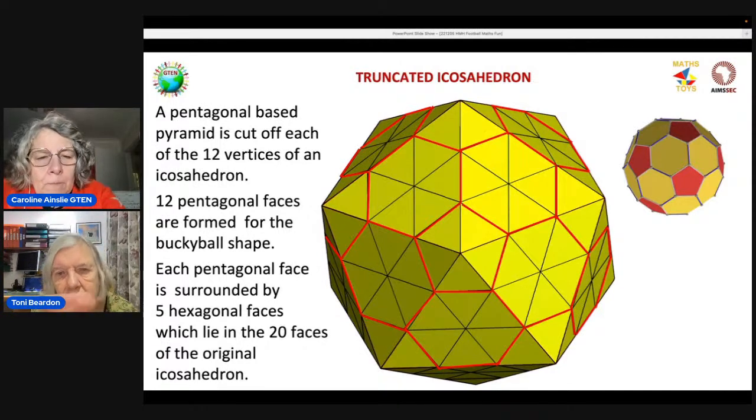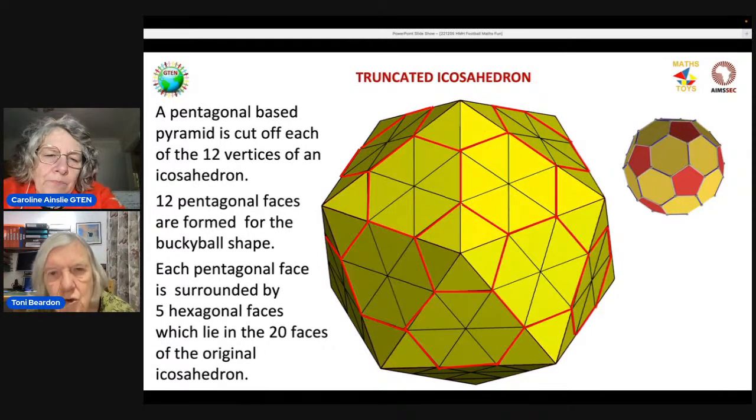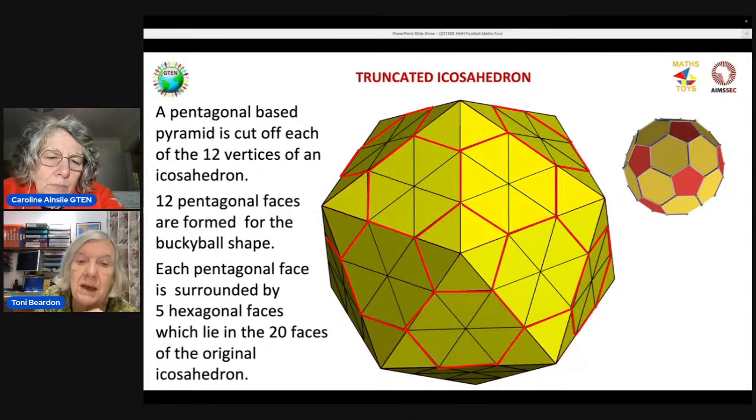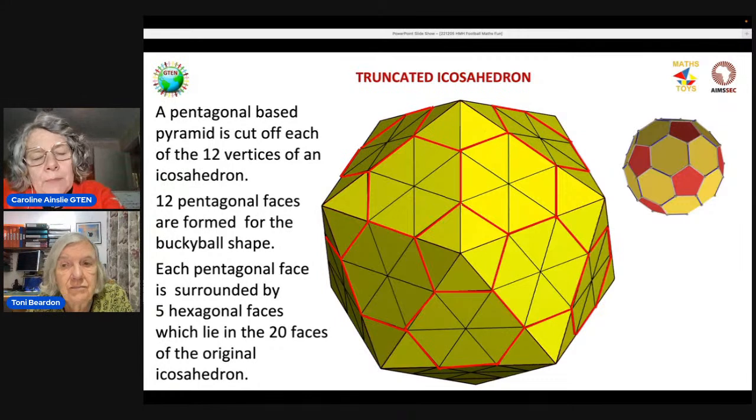Right. And the other 6 triangles make the hexagon. You see there were 9 on the face of the icosahedron. So the 3 of them belong in the pentagonal pyramid that's cut off, and 6 of them are on the flat face, which becomes the hexagonal face of the buckyball. Right. Yeah, I can see that.